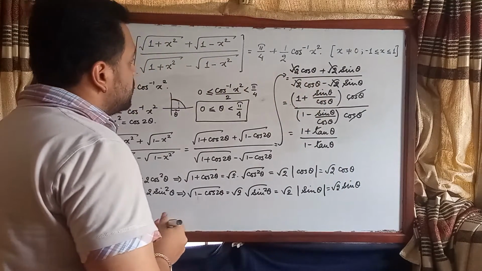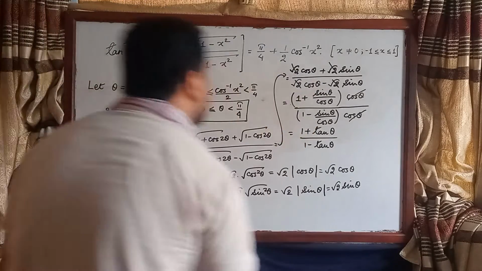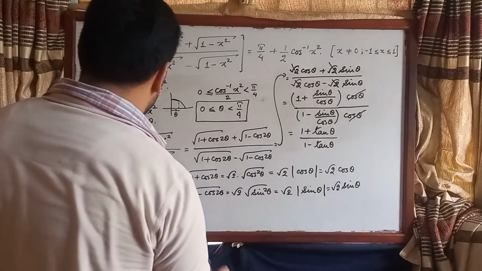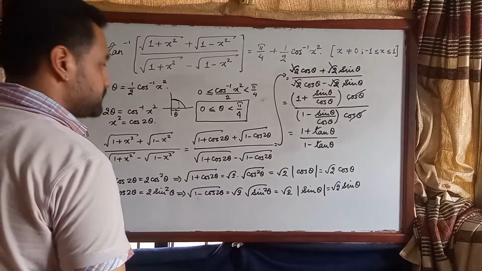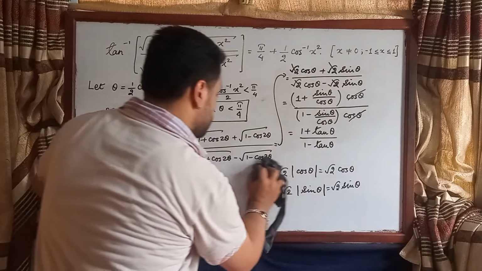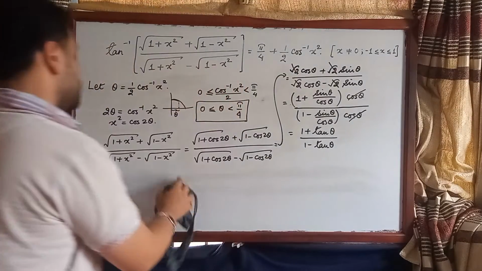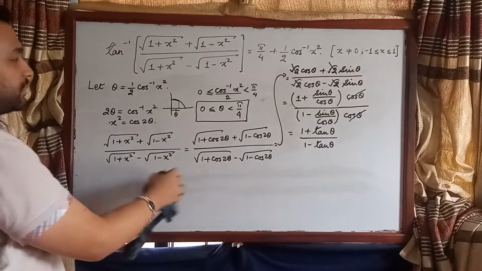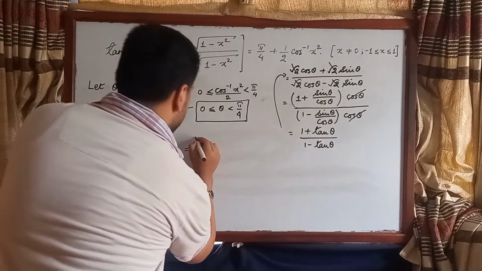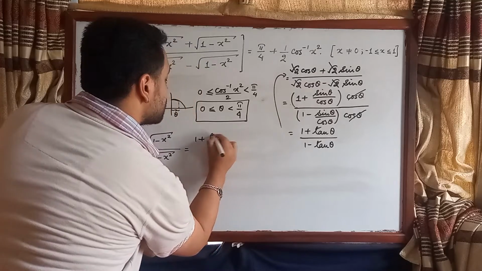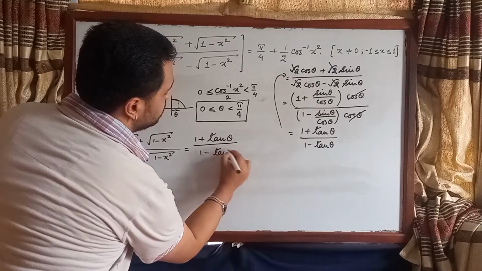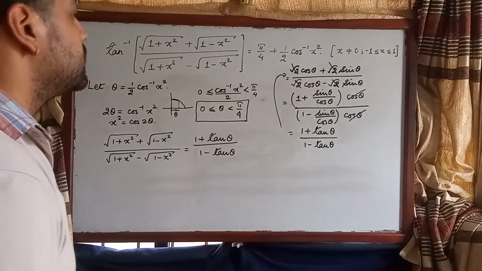Okay, now we're basically done. Whatever we've obtained is that this thing right here is equal to 1 plus tan theta over 1 minus tan theta, right?